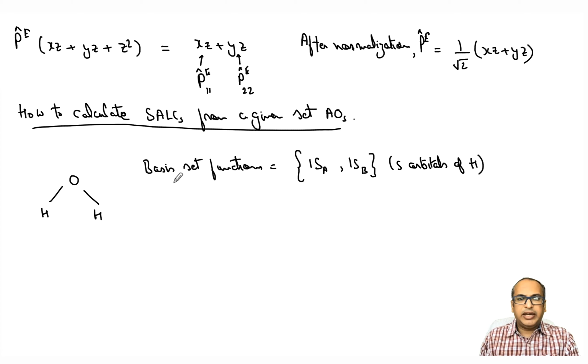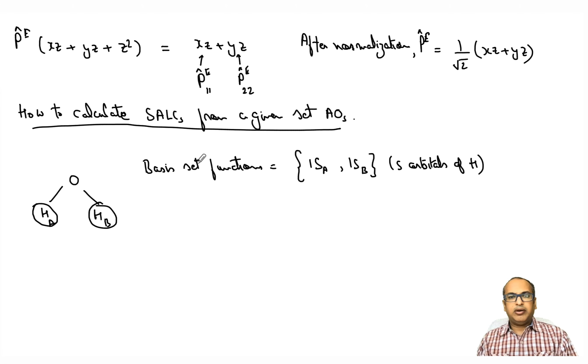This is A, this is B, and these s orbitals are spherical in nature. These are taken as the basis set, and we will try to combine them in an appropriate linear combination and see if we can obtain, using the projection operator, linear combinations which are symmetry adapted. What do I mean by symmetry adapted? That they are a basis of a certain irreducible representation of the C2V point group, which is the water point group, right?